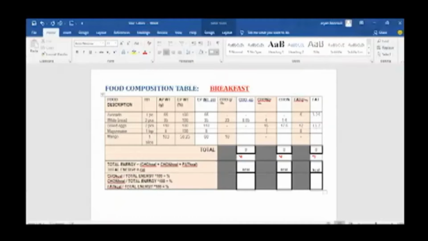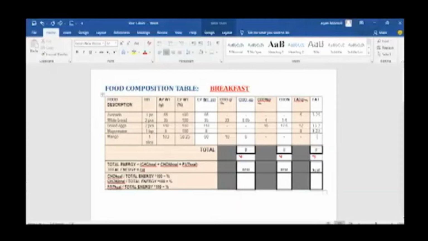Then for mayonnaise, 0 for carbohydrates, 0 for protein, and 3.25 for fat. Then we have mango, 10 times 60 divided by 100 is equal to 6. For protein, 0. And lastly for fat, 0.